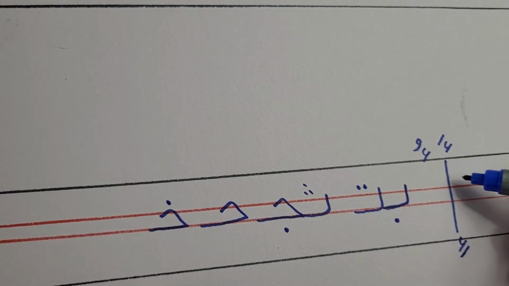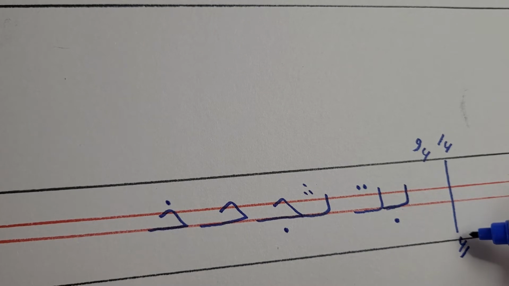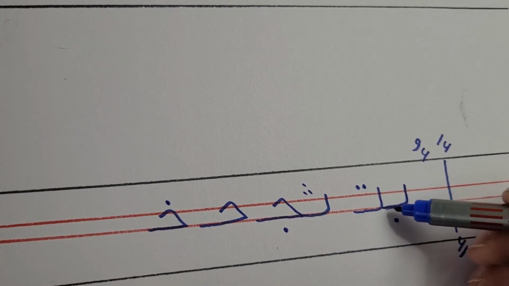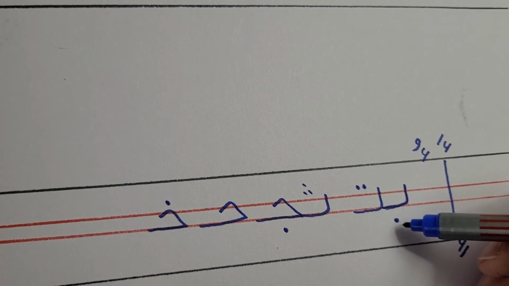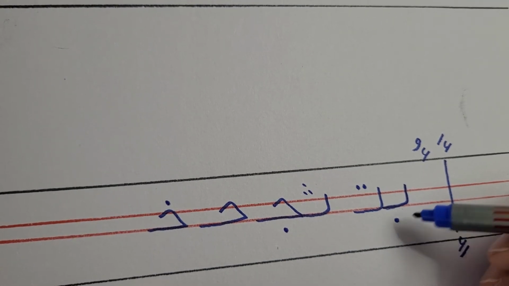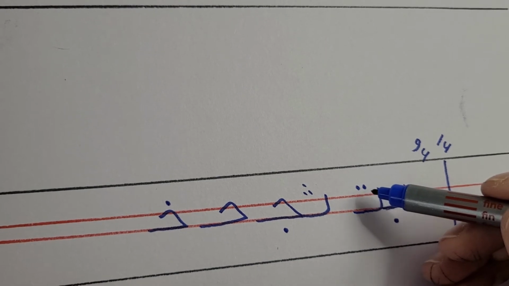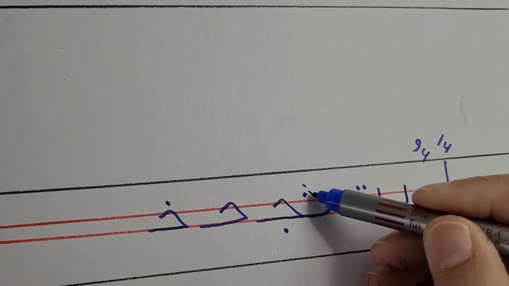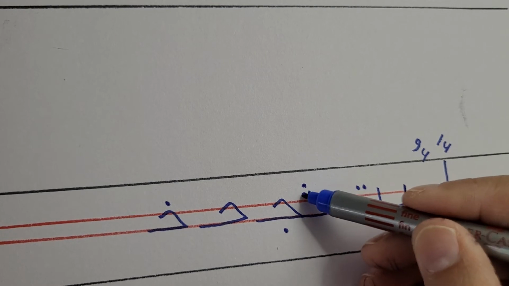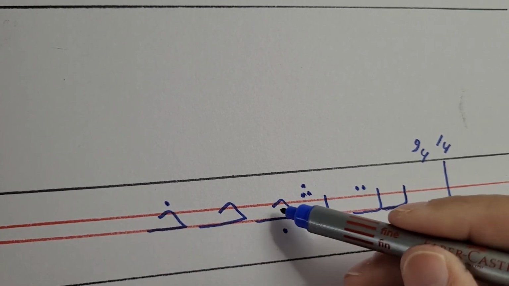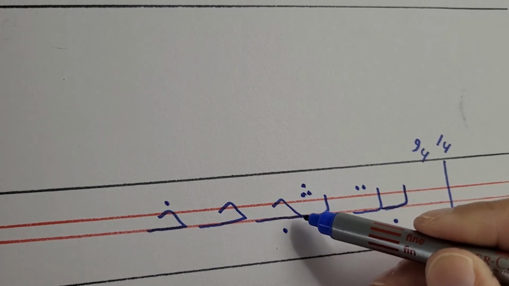Again, Alif should be from top to bottom. Ba should be in the middle with one dot down the letter. Ta, there are two dots on the top. Tha, there are three dots on the top. Jim and Ha and Kha, they look like a mountain.